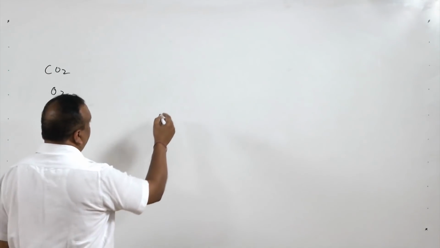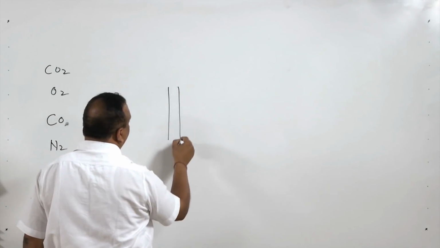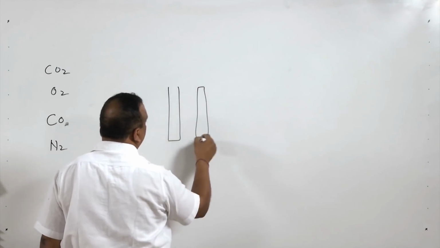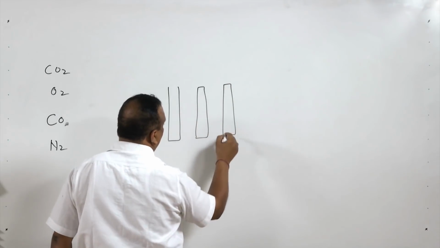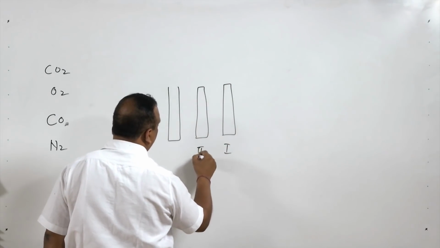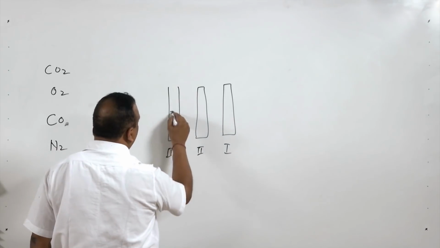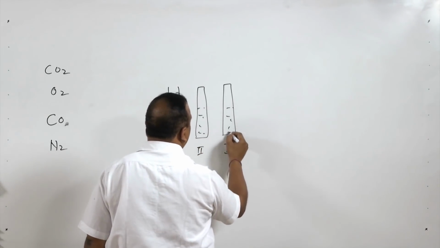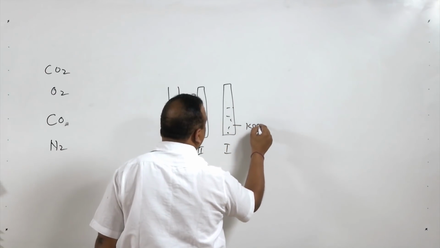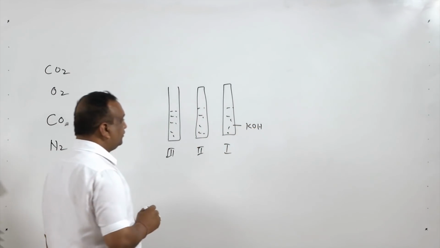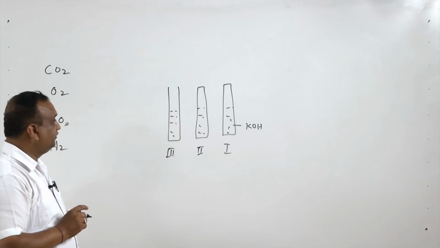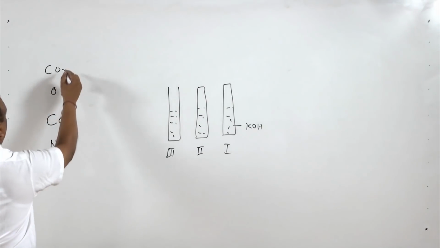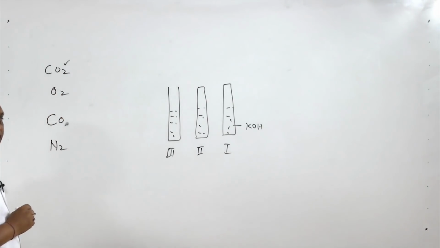3 flasks are taken. I am just giving the schematic. There are 3 flasks, 1, 2, and 3. They are filled up to a certain level with liquids. First one is KOH, potassium hydroxide, right? This is to absorb carbon dioxide.